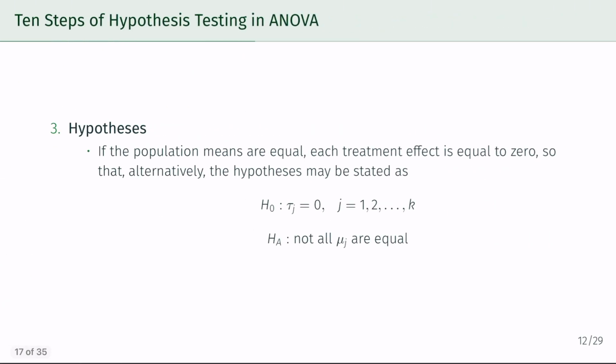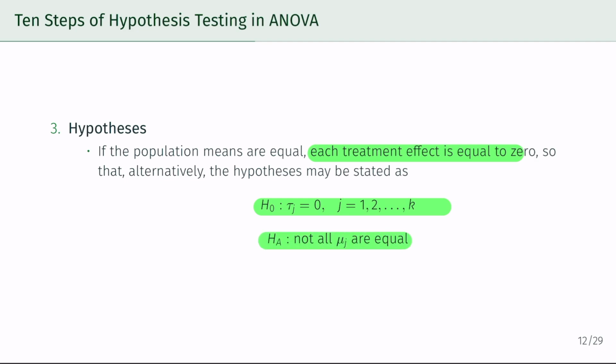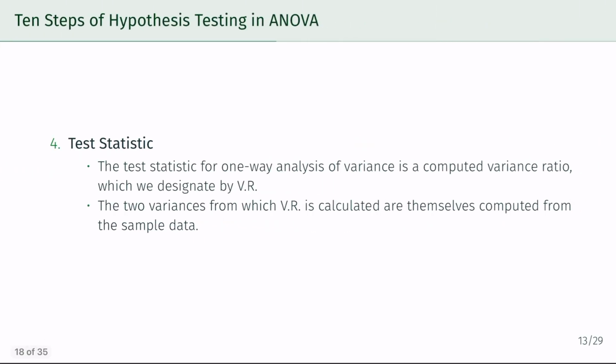Now if the means are equal, then we are trying to see whether each treatment effect is equal to 0. So H naught represents tau j equal to 0, and Ha represents that not all tau j are equal to 0, right? This is basically the concept of tau j here.